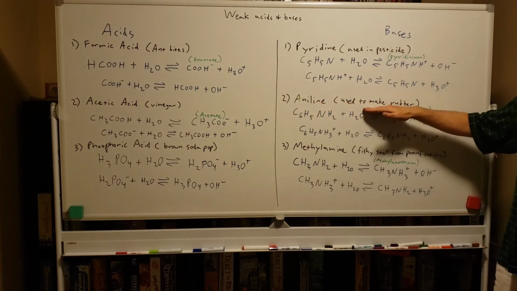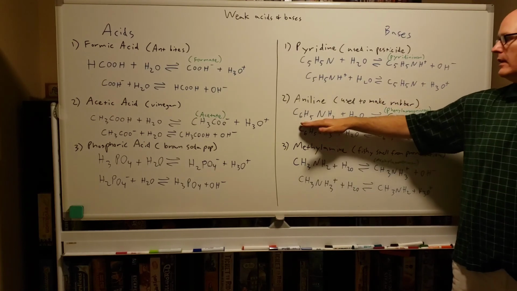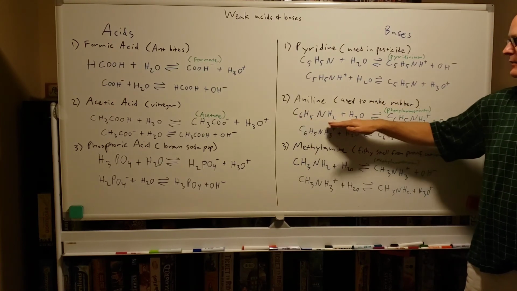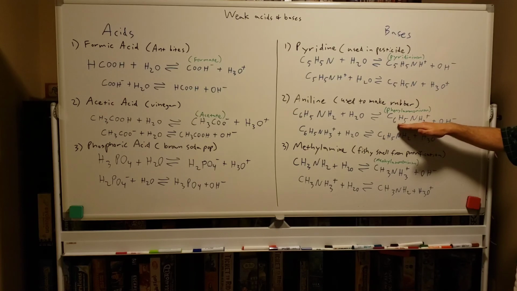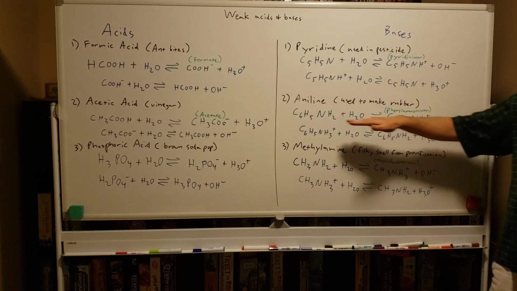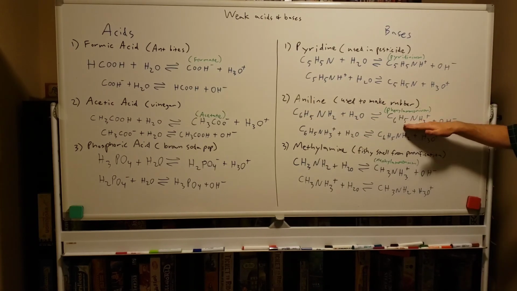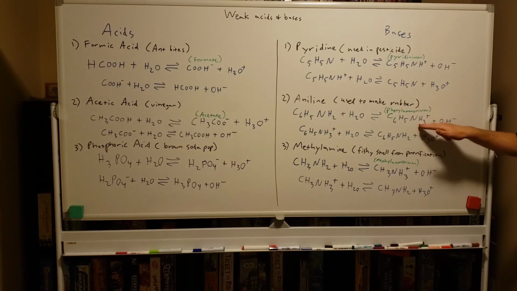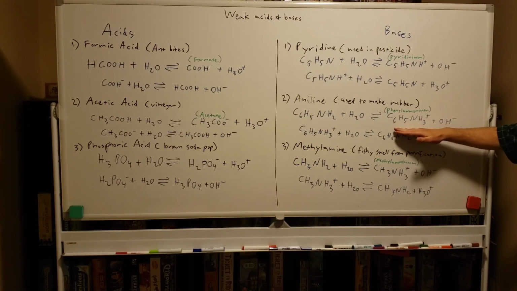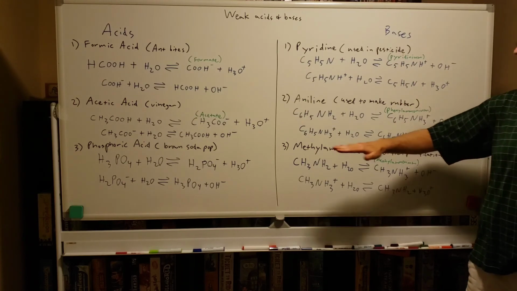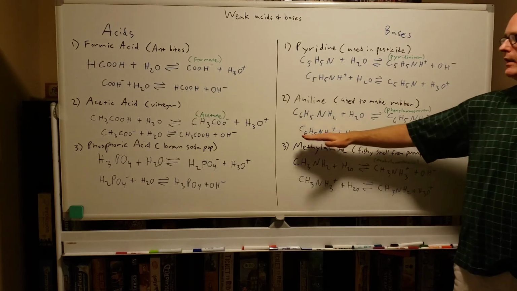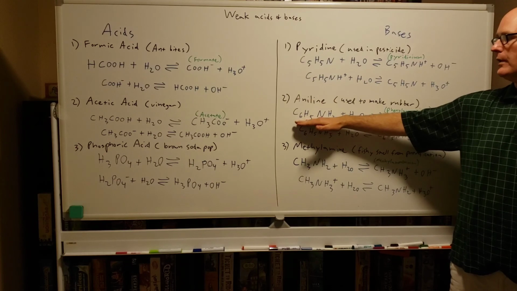Aniline is used to make rubber. Aniline reacts with water to give you the conjugate acid of your base, phenylammonium. You see that you have the ammonium here on the end. And again, here's your reaction for the conjugate acid to your base.